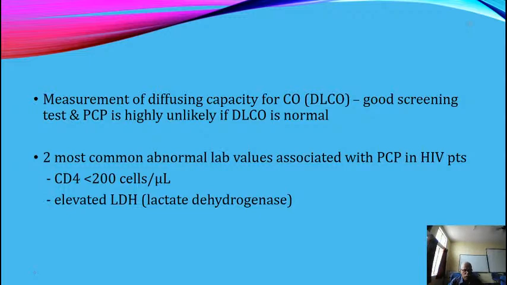DLCO, diffusing capacity for carbon monoxide, is a good screening test. If DLCO is normal, PCP diagnosis is unlikely.